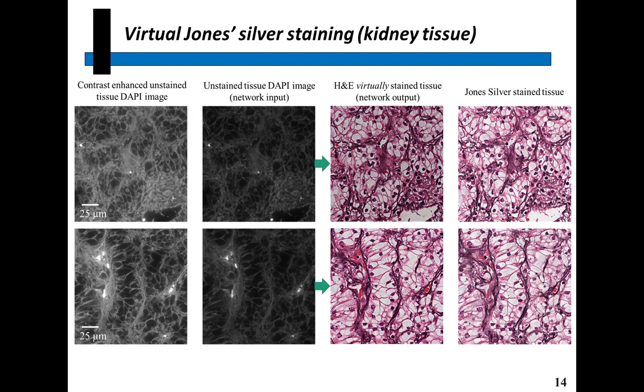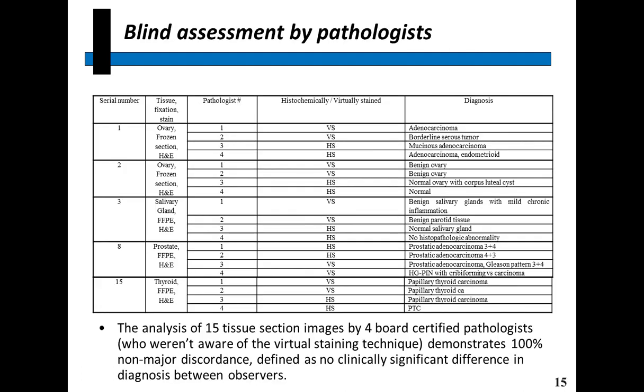And the other stain we've done here is what we call the Jones silver stain. This is for the kidney tissue, and this is a basement membrane stain that is used many times in the diagnosis of diabetes. In this case, there is a tumor on those tissues, but we still use the silver stain.